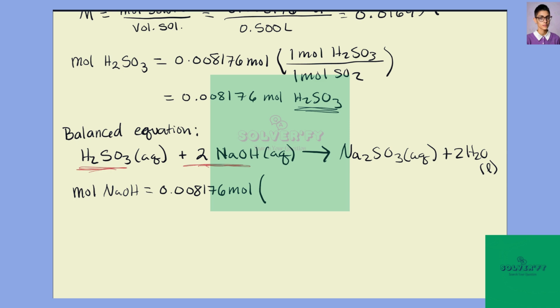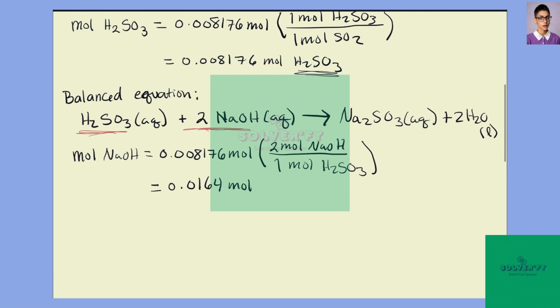So we're going to take 2 moles NaOH, divided by 1 mole of H2SO3. So our moles of NaOH is going to be 0.0164 moles of NaOH.